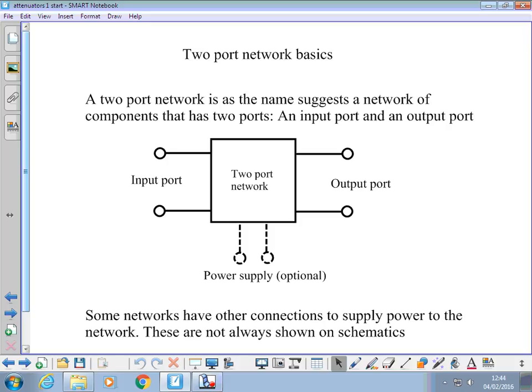They're just assumed, and might be shown on a separate diagram for the way the network needs to be powered. If all you're interested in is the signals through it, then you'll just leave them off for clarity. The networks we're going to be looking at are non-powered. They don't have any external power. We're just talking about a network that's connected to a signal, with no external power.